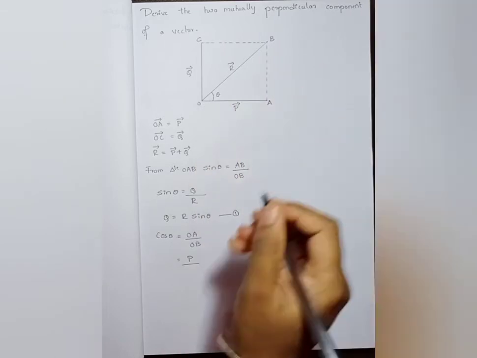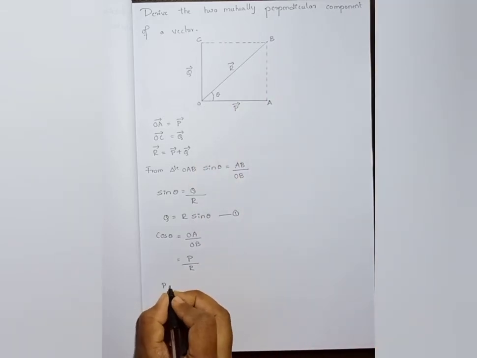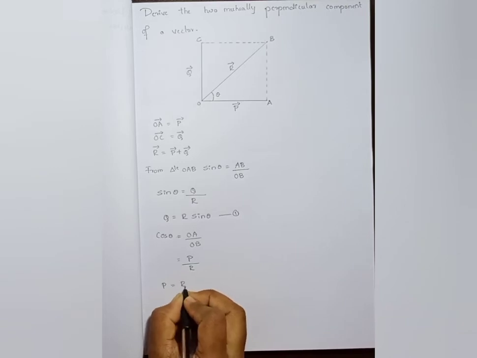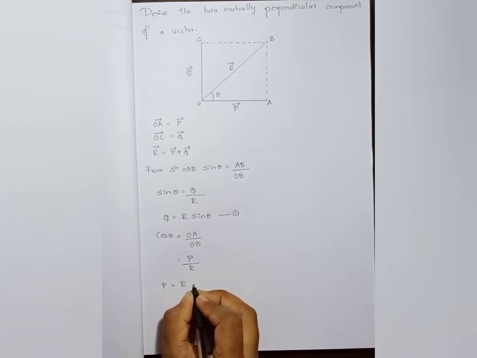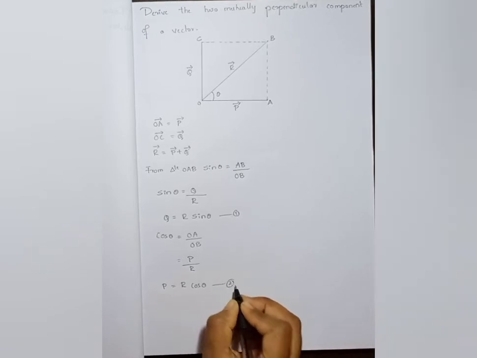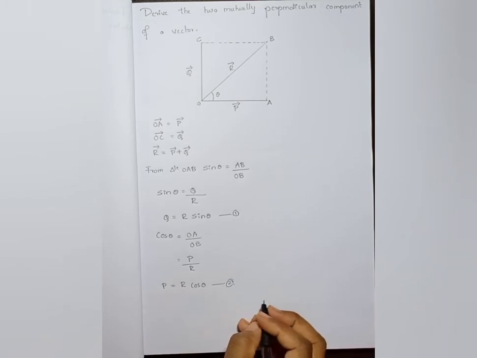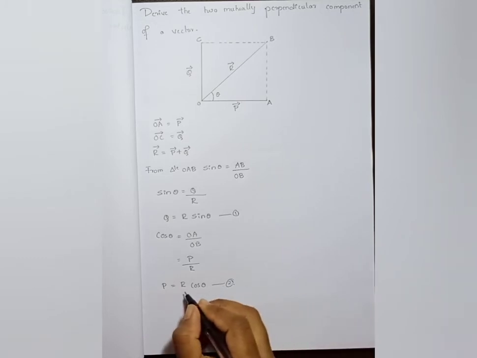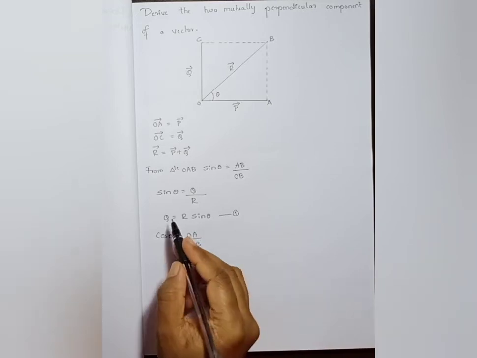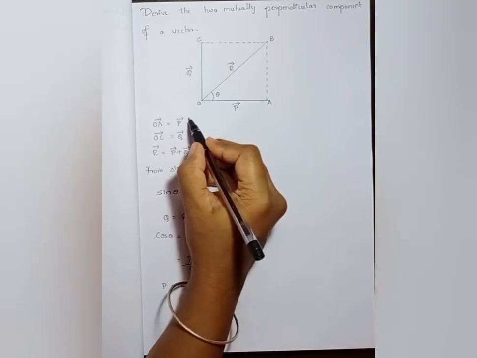P by R, or P is equal to R cos theta. We'll consider this as equation 2. Therefore, the two mutually perpendicular components of R are R cos theta and R sin theta.